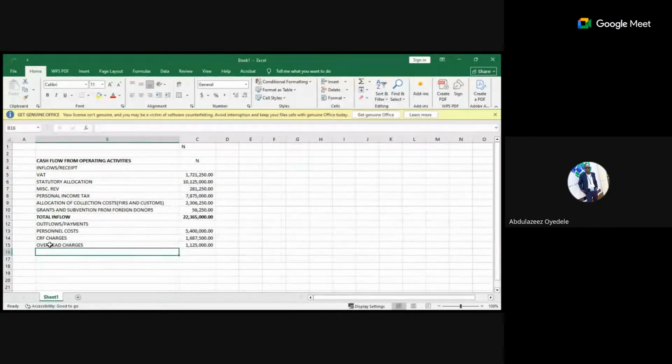Okay. And then to the next one, which is MDA's subvention. That is the money that was given to ministries and agencies for them to run their activities. So it's a payment. We are paying out money as well. So MDA subvention 1,350,000.